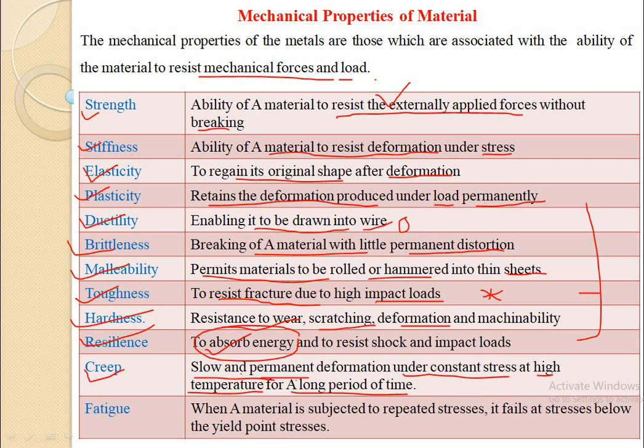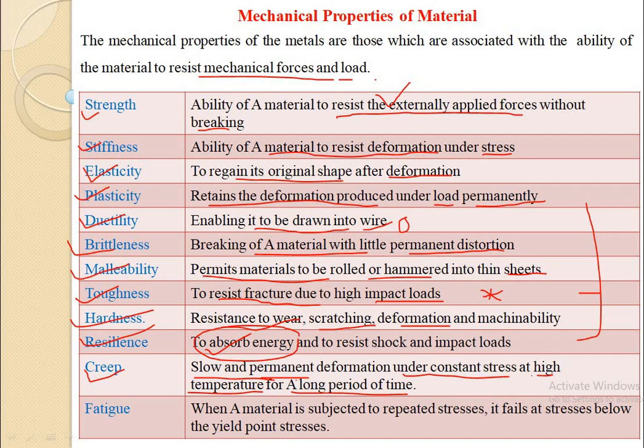What is meant by the creep phenomenon? How does it develop? It is a slow and permanent deformation of a material under constant stress. When a material is subjected to different kinds of loads, it will undergo a slow and permanent deformation. What is the cause of permanent deformation?